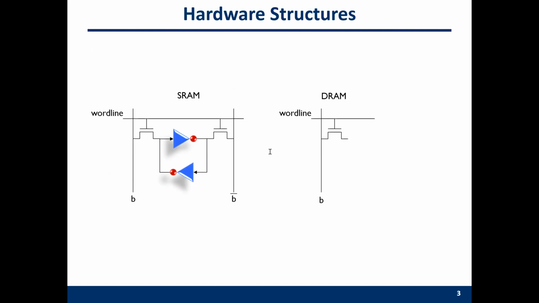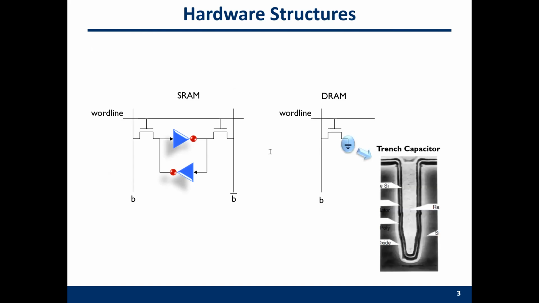But for the DRAM, you only have 1 transistor, and you also have a capacitor. If you have some charge in the cell, then the cell can represent 1. If the capacitor is empty, has no charge, it represents 0.